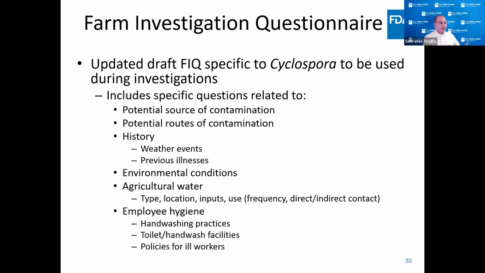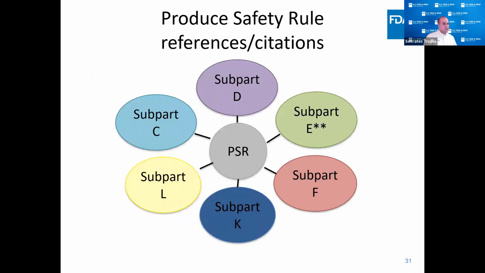They are developing this questionnaire to try to identify potential sources of contamination, routes of contamination, and any weather or event or any previous illness that will allow us to put together a better picture to find out what could have happened that ended up contaminating our produce with Cyclospora cayetanensis. It also involves any effects on environmental conditions, the source of agricultural water, and very, very important, employee hygiene, again, because this parasite specifically is based on humans, their behavior.